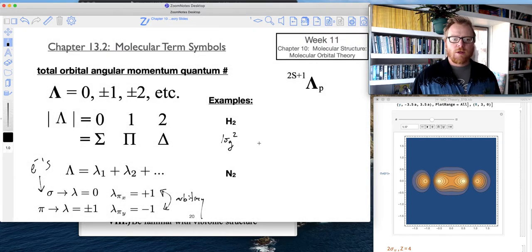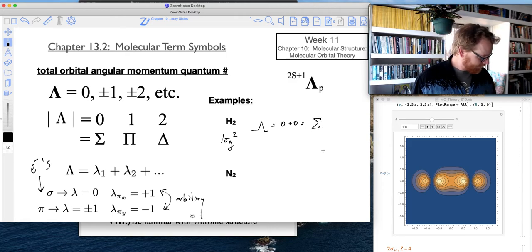So when I'm going to add up all of these little lambda values, I have 2 electrons, right? So I need to come up with 2 little lambda values. And because they're both in sigma bonds, each one is going to be a 0. So that's a 0 plus a 0 to equal 0, which is a sigma.